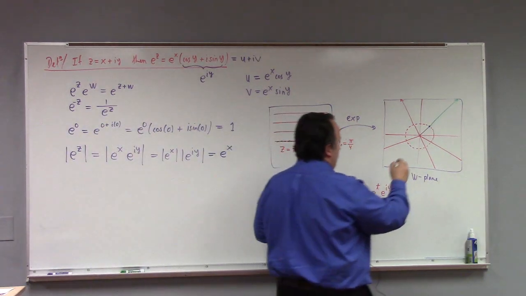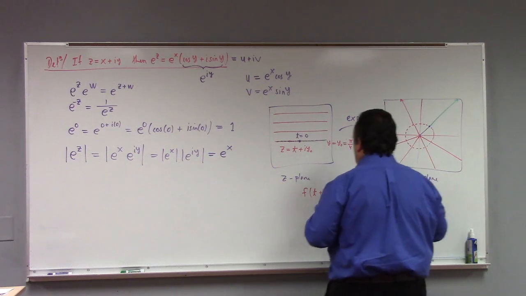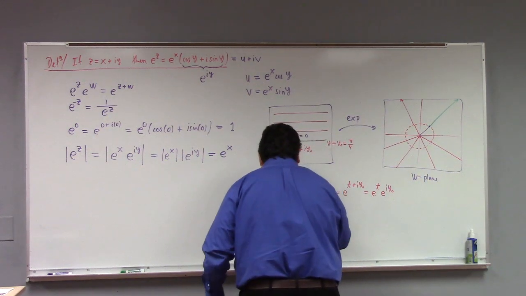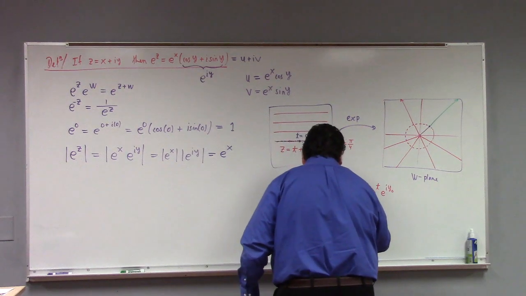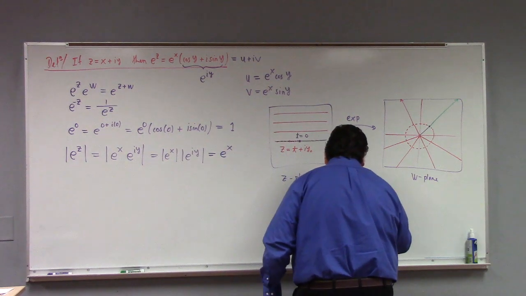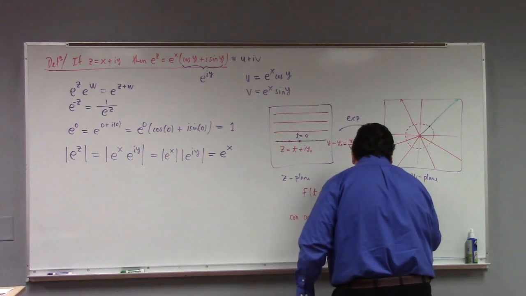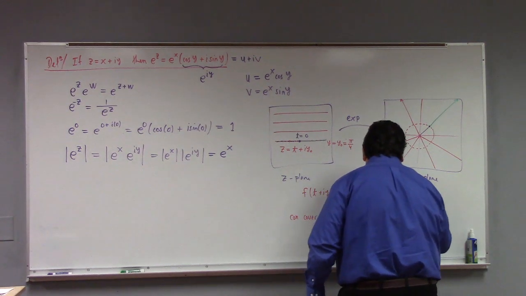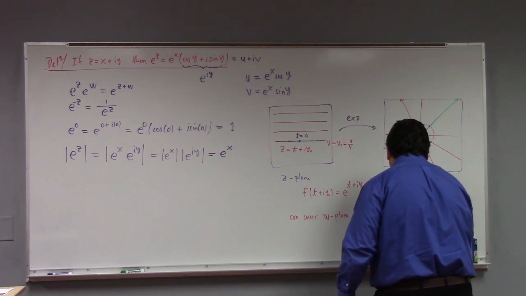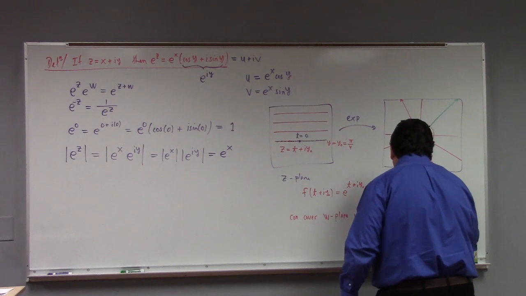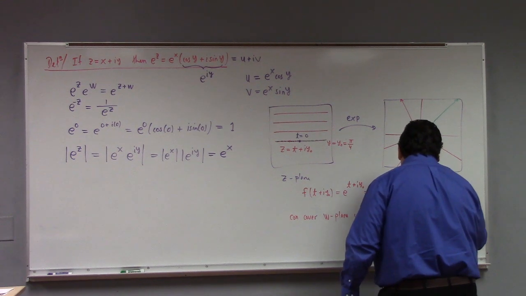So let's put that in words. We can cover the w plane with a horizontal strip of height 2 pi.